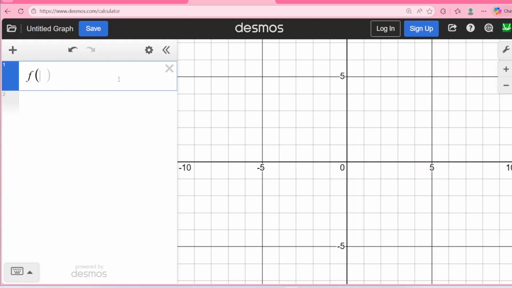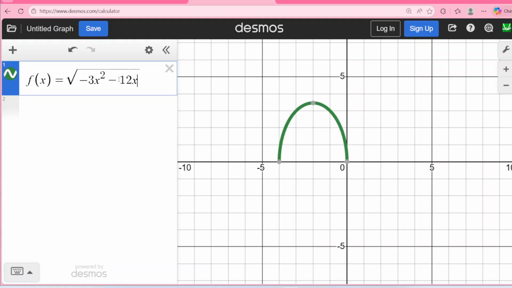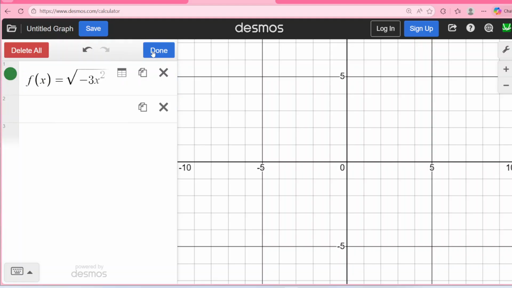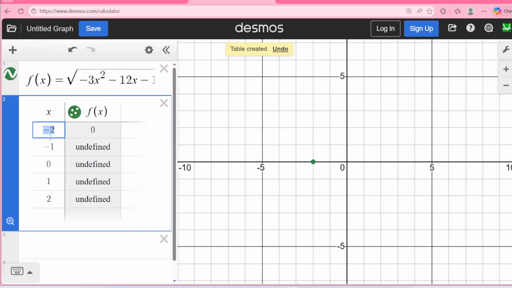So here, f of x equals the square root of negative 3x squared minus 12x, then minus 12. Now, if I go to a table for this, you'll see negative 2, 0.